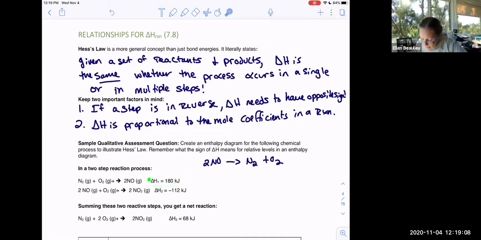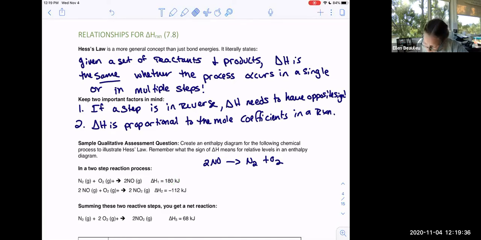This 180 kilojoules has to be absorbed if 1 mole of nitrogen gas is to be used in this process. This amount of energy has to be absorbed if 1 mole of oxygen gas is to be consumed in this process. This amount of energy must be absorbed to produce 2 moles of nitrogen monoxide. So all of these molar coefficients are related to that amount of energy.